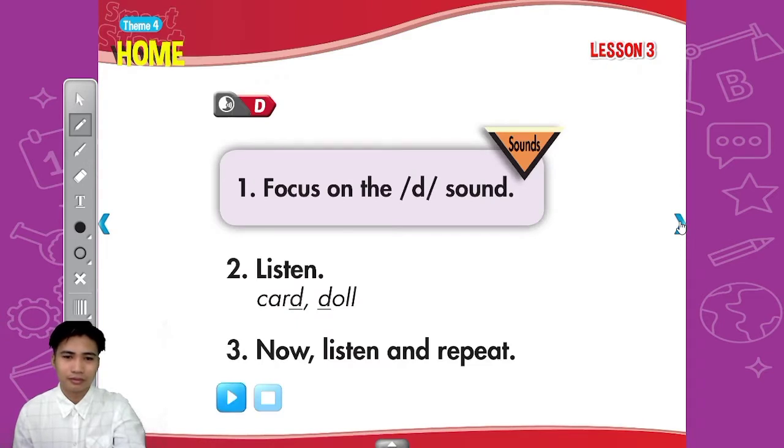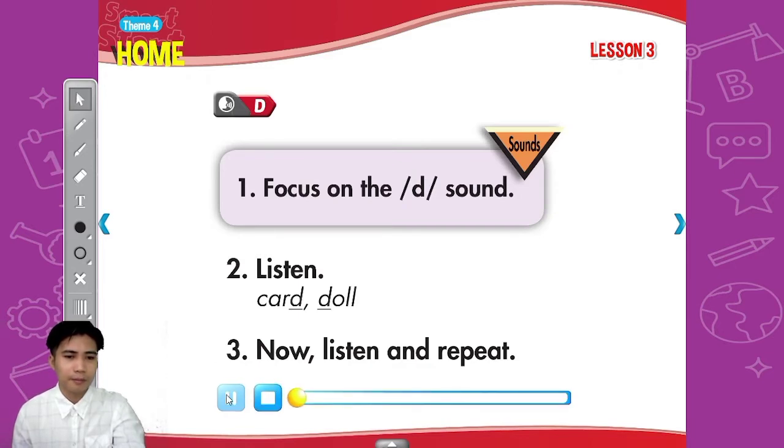Pronunciation tip. I want you to focus on the D sound. Listen, and then we are going to repeat. Card. Card. Card. Doll. Ball. Doll.